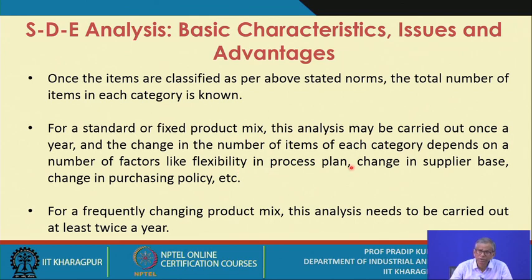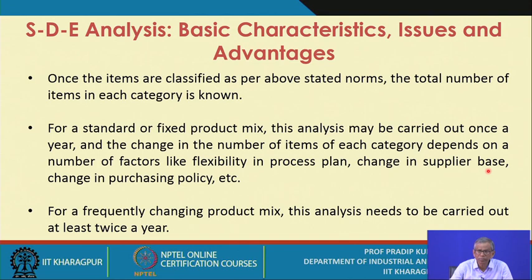If there is flexibility in process plan, it will have an impact on the number in each category. Change in supplier base: it may so happen that previously a particular item was to be imported from outside, and today you get another company in the country which can supply the same item.